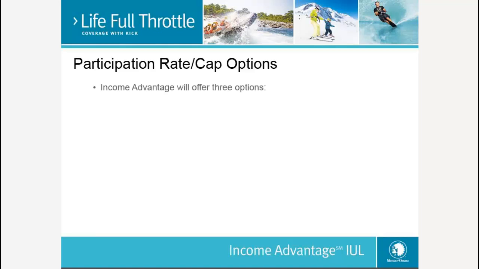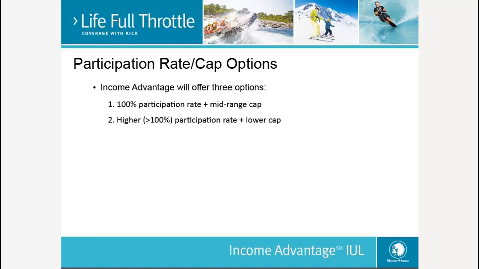In the case of Income Advantage, the product offers 3 crediting strategy options based on participation and cap rates. The first option will have a participation rate of 100% with a variable cap rate. The second will offer a variable participation rate that will be greater than 100% plus a lower cap rate.